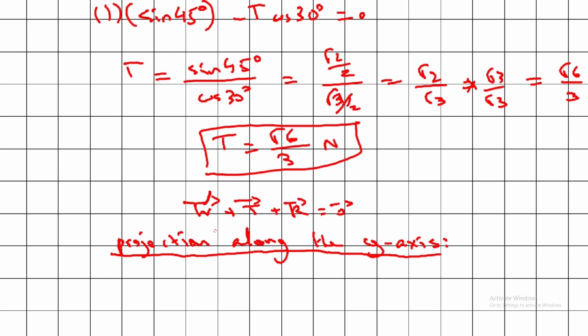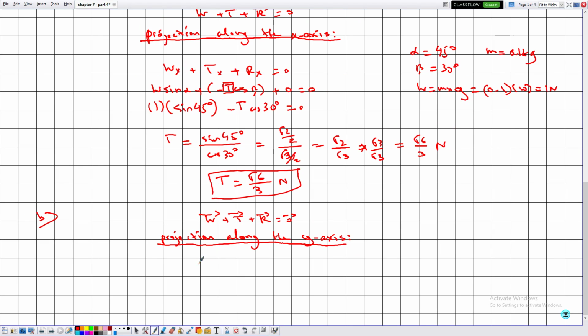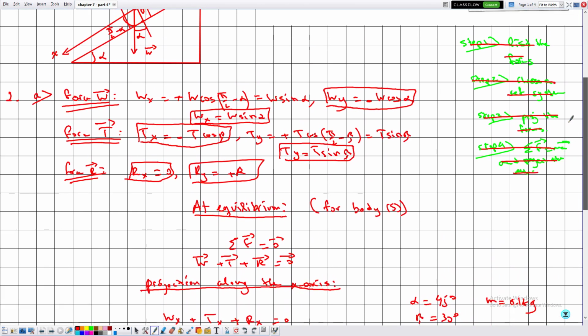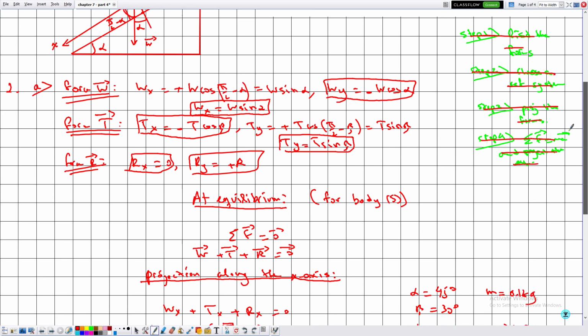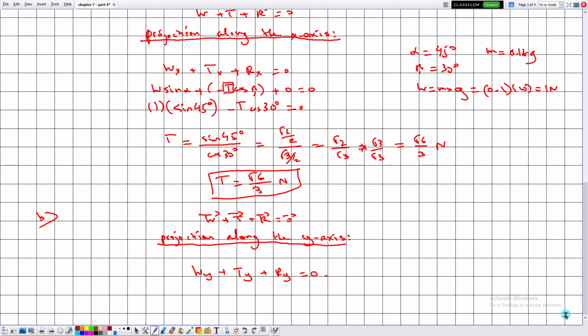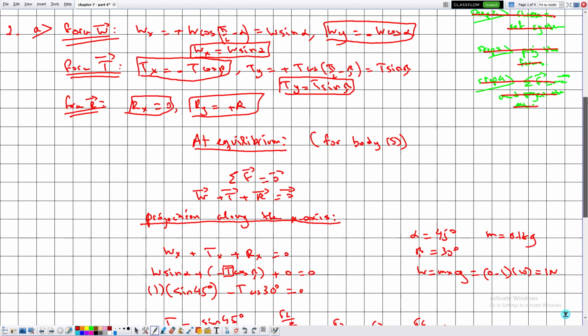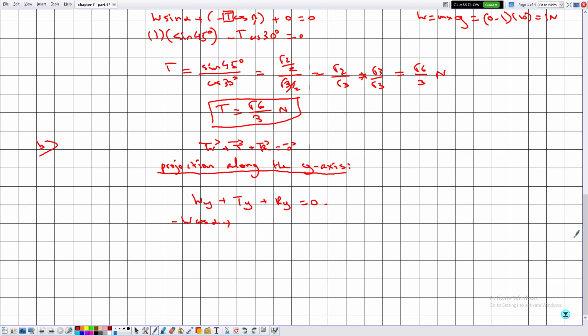In this case, we drop down all the vector quantities, and each vector quantity will carry the label y. Now wy is given by minus w cosine alpha, as for ty, it's given by t sine beta, and ry is given by plus r, this is equal to 0.